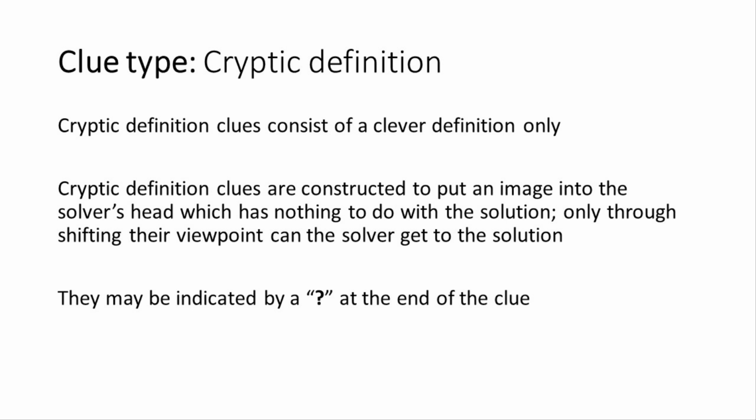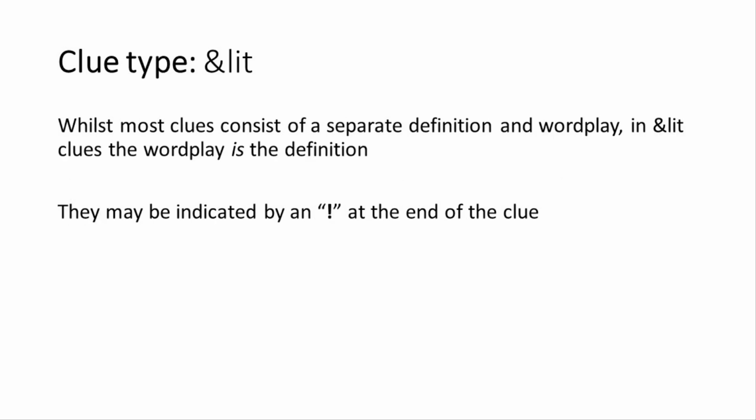It's only through changing from your initial perception of the clue that you can get to an answer. In my experience as a solver, these clues are either a lot of fun and very satisfying to solve, or they fall quite flat.